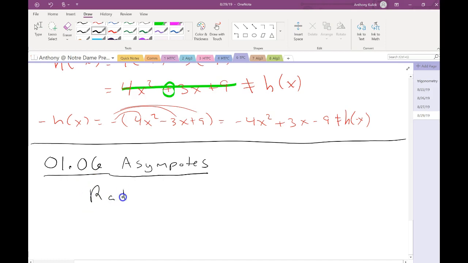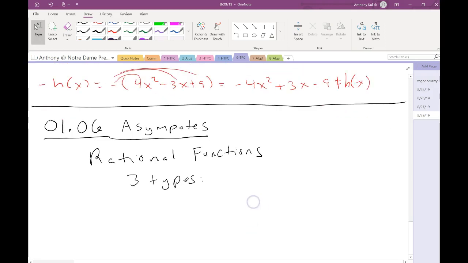So, we talked about rational functions last year. And when we talked about rational functions, especially when we tried to graph these things, we were very concerned about the locations of the asymptotes. When we studied rational functions last year, we saw that there were 3 kinds of asymptotes possible.